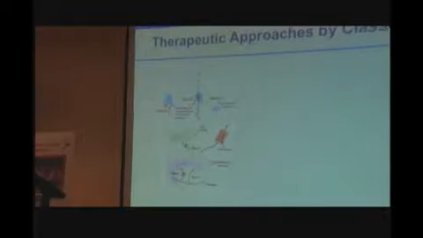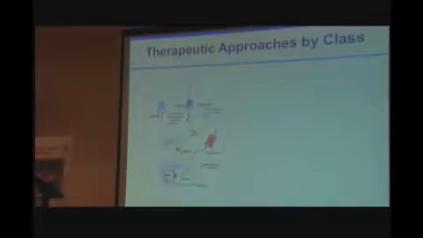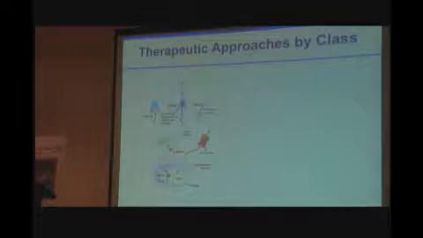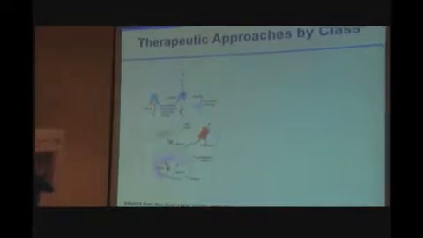One common form of CF is caused by class 1 mutations, which are caused by premature termination codons, or nonsense mutations, or other mutations such as insertions and deletions that cause major disruptions of the CFTR gene. That's what's called class 1 mutations, where little or no CFTR protein makes it to the surface.